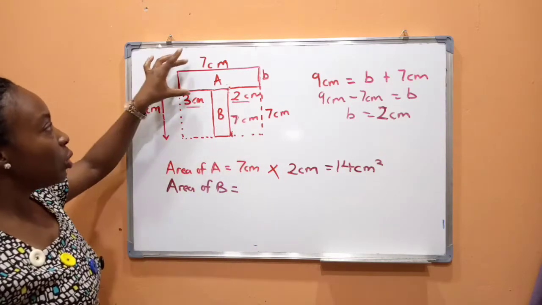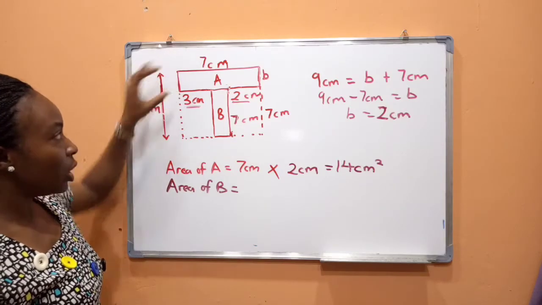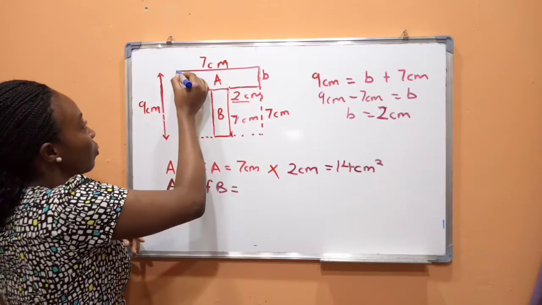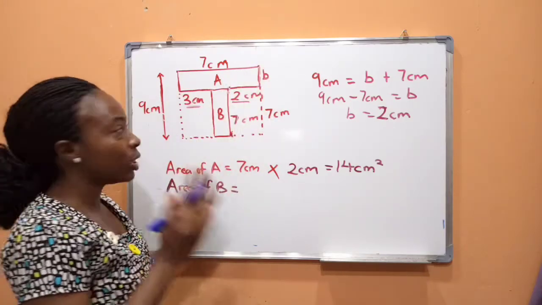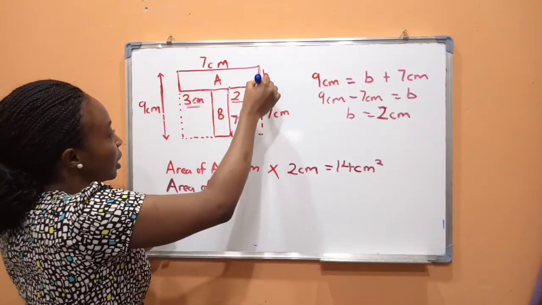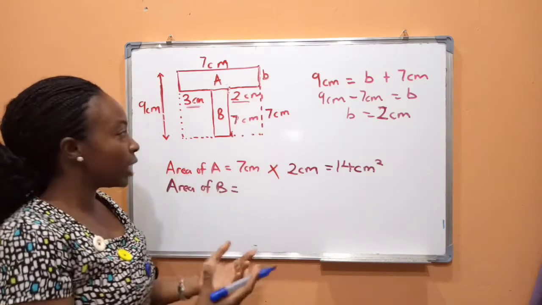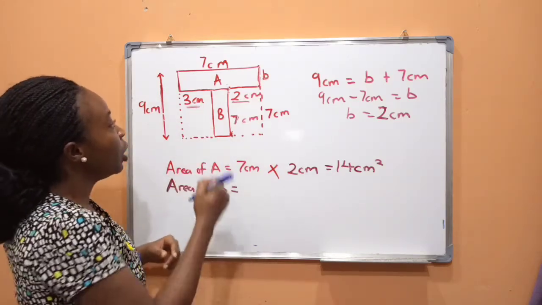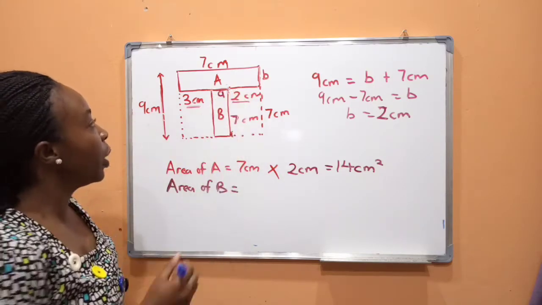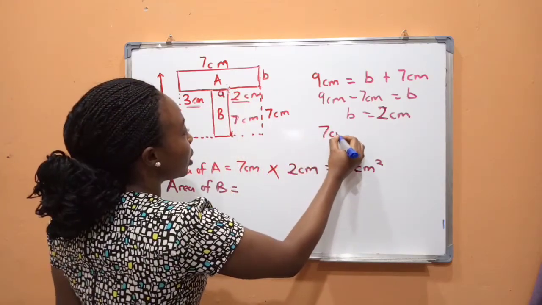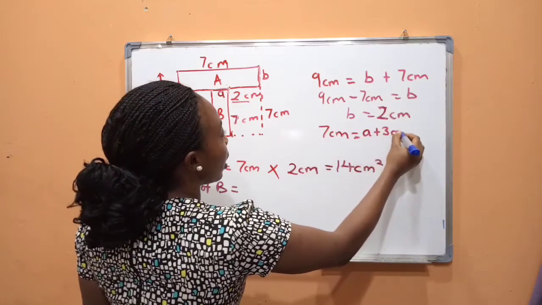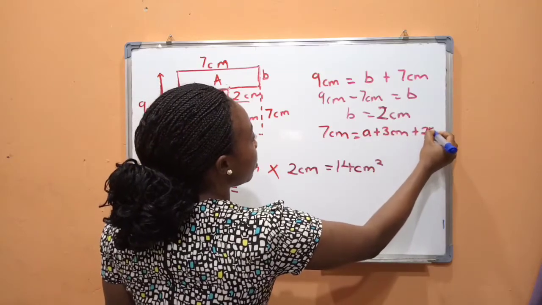Now let's take a look at this first rectangle. In taking a look at the first rectangle, you're going to notice something. The entire length from here to here is 7 centimeter. That means this place from here to here ought to be 7 centimeter too, because the opposite sides are equal. So in order to find this point, let's call this place A. We are going to have 7 centimeter is equals to A plus 3 centimeter plus 2 centimeter.